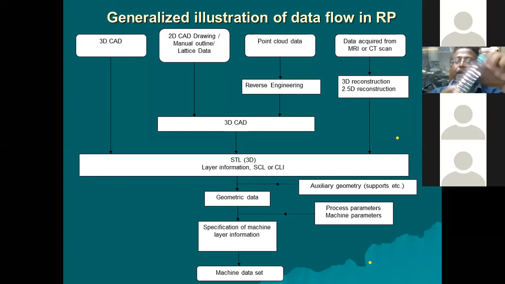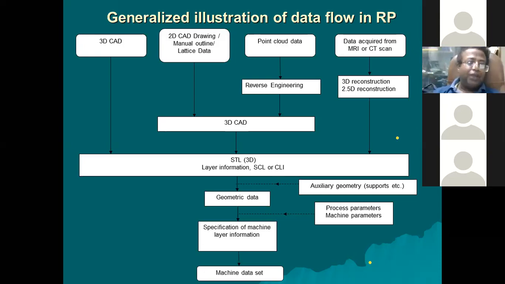Now this point cloud data you can use in some software. They are called reverse engineering software. So using this reverse engineering software, you can create a 3D CAD model of this object and then an STL file, and you can exactly print the same thing. The advantage here would be that suppose you have a very old machine component.